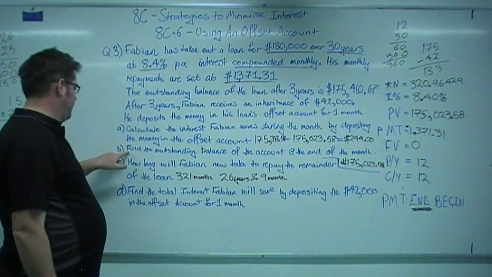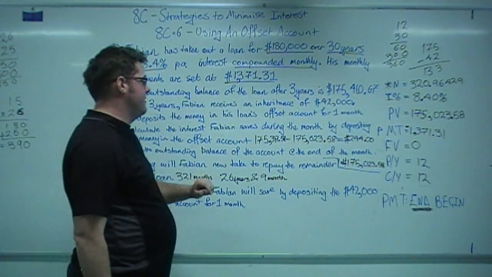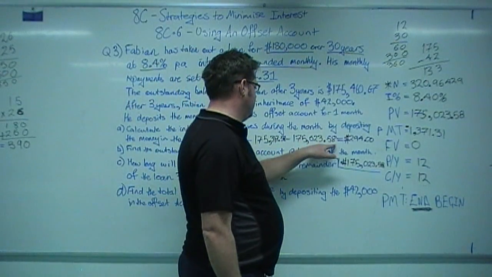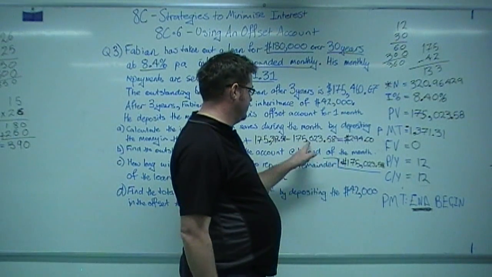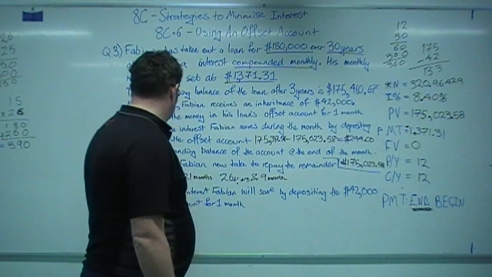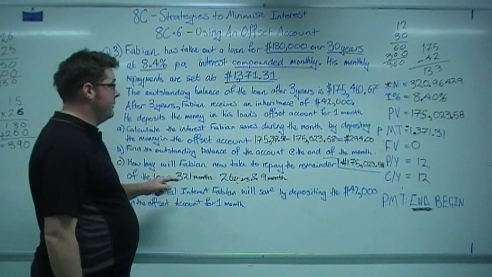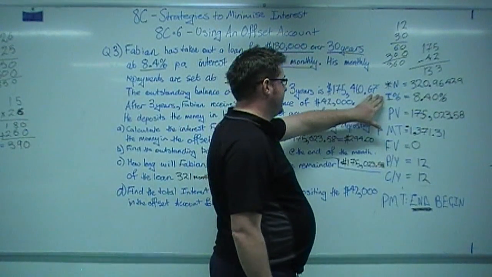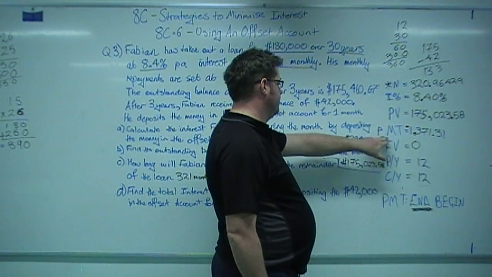So part B asks us to find the outstanding balance in the account at the end of the month. The outstanding balance, if we put the $42,000 in the offset account, will just be this figure here. Alright. So how long will Fabian take to repay the loan? The way we do this is we take our interest rate, our present value, which is this here.